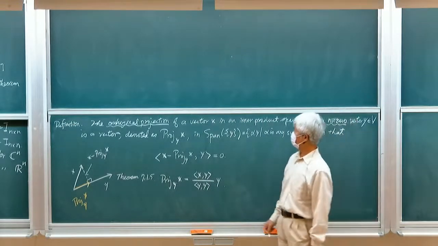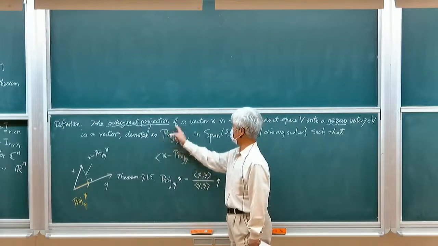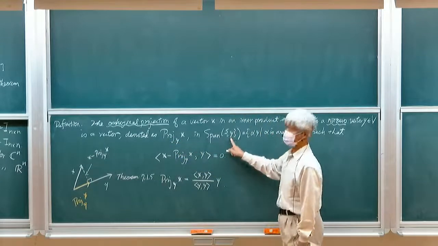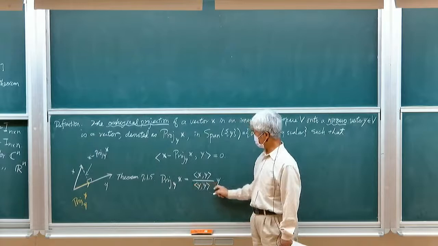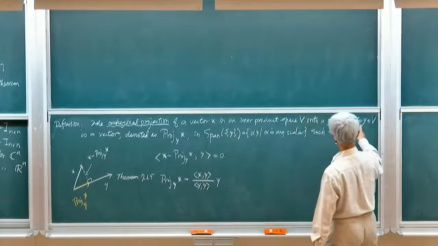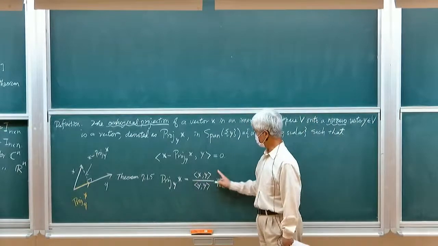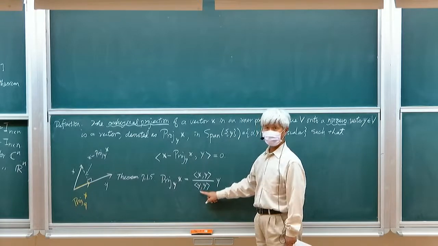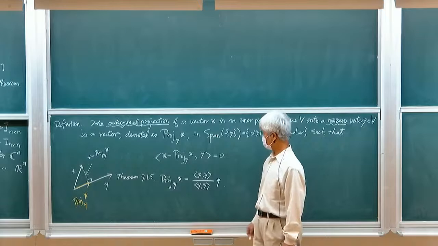From the definition, this vector should be in the span of Y, and this is exactly that. And remember, in the definition Y is non-zero, so the denominator is just the square of the length of Y here.